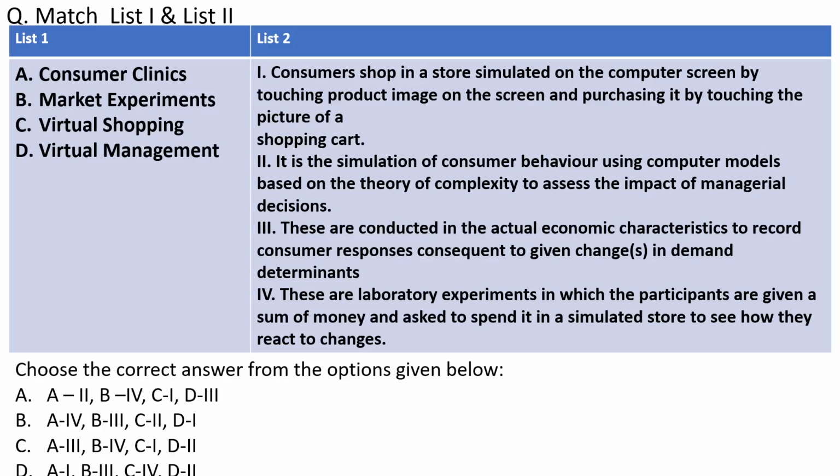Third, these are conducted in actual economic conditions to record consumer responses to given changes in the demand determinants. And fourth, these are laboratory experiments in which the participants are given a sum of money and asked to spend it in a simulated store to see how they react to the changes.